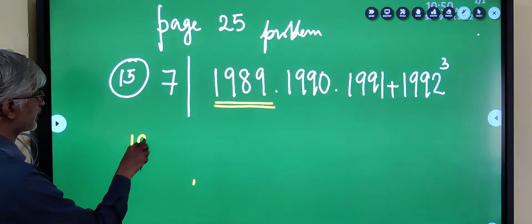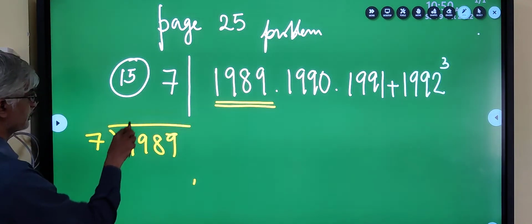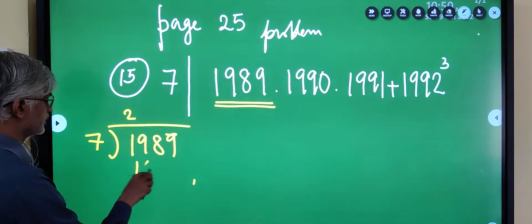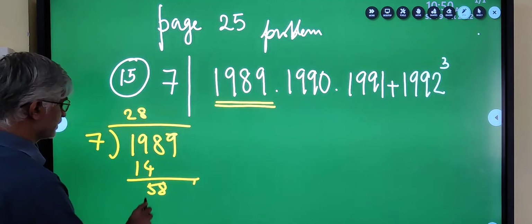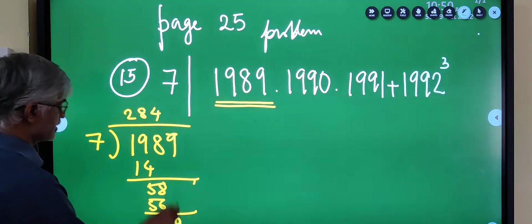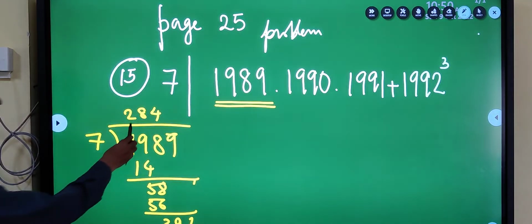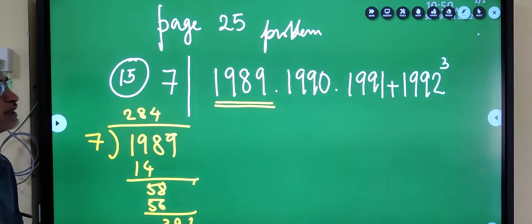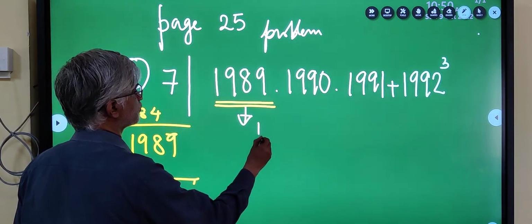So let's actually divide 1989 by 7, and you will get something like this. This leaves a remainder of 1 when you divide by 7, and the quotient is 284. We are not interested in the quotient. So the remainder of this number when you divide by 7 is 1.